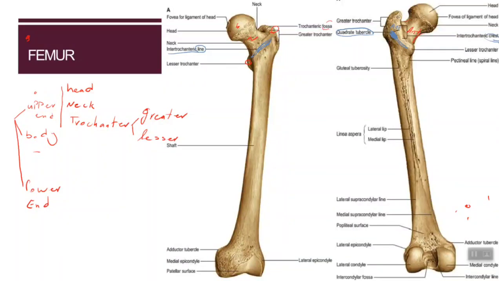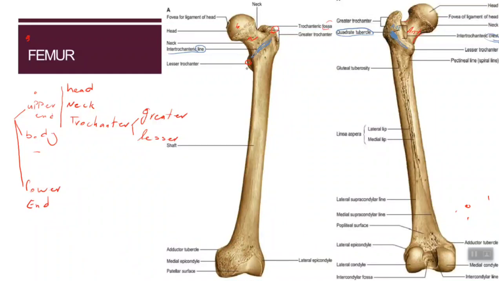In the medial surface, we have one important point: one small fossa. Its name is the trochanteric fossa. This fossa is important for the attachment of some muscles, and I will tell you in the next lectures.